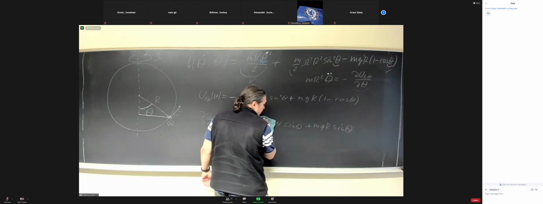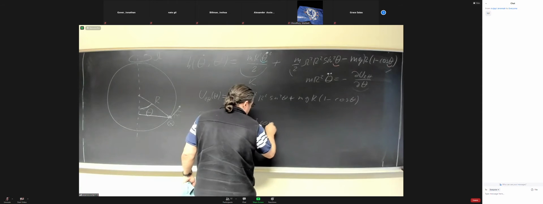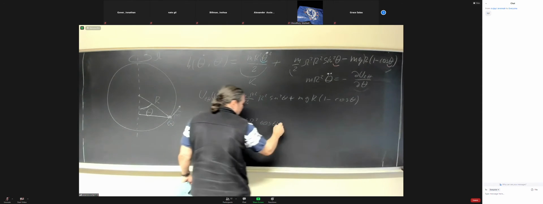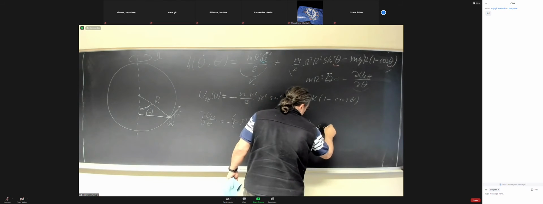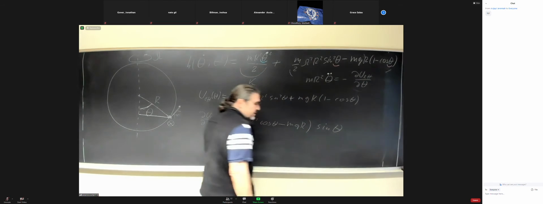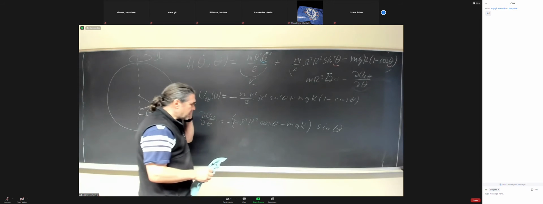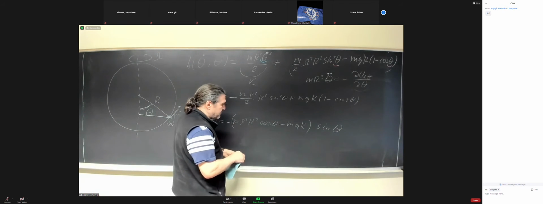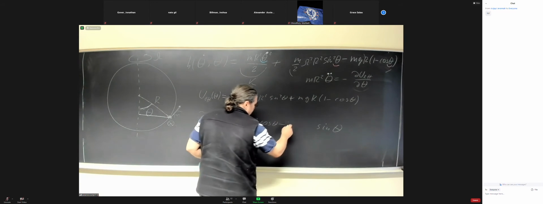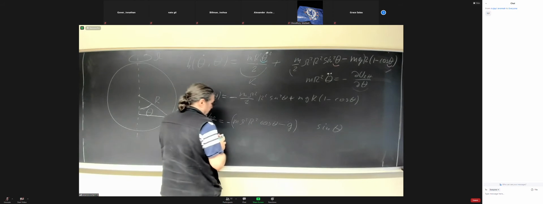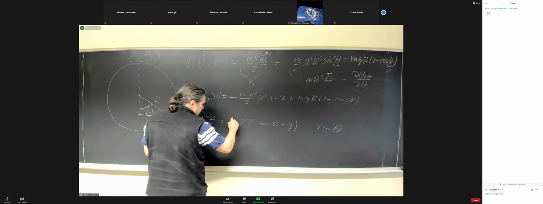This is m g r, this is cosine theta, and then I have minus m g r, and this is sine theta. It's the same expression. I just pulled sine out, and I also can pull m out and one of r out. So let me do that to simplify it. I'll have g here, and I have m here, and r, and here I have minus m r.